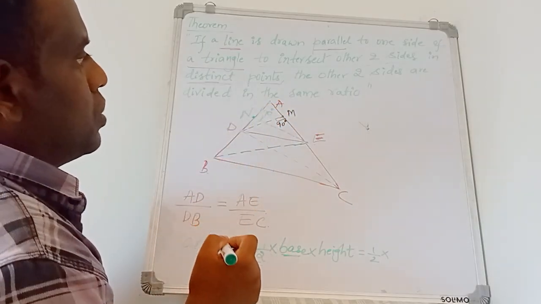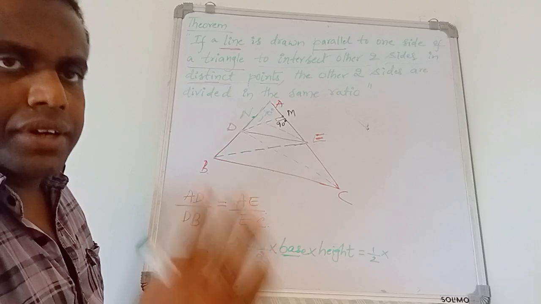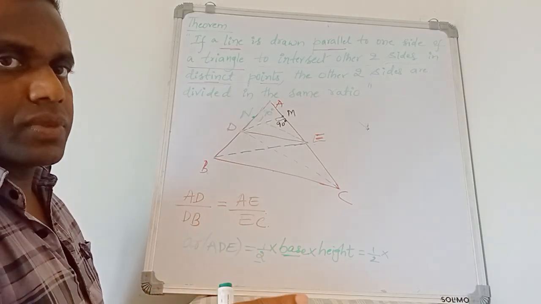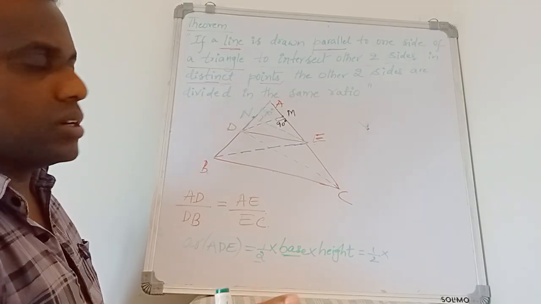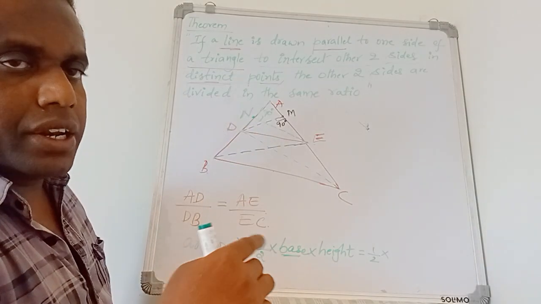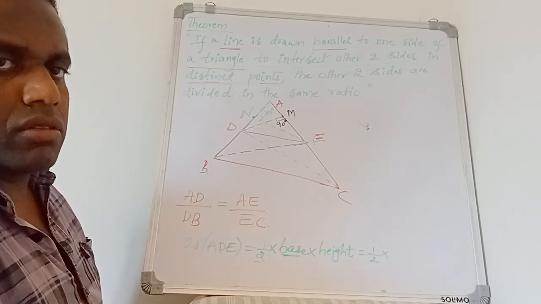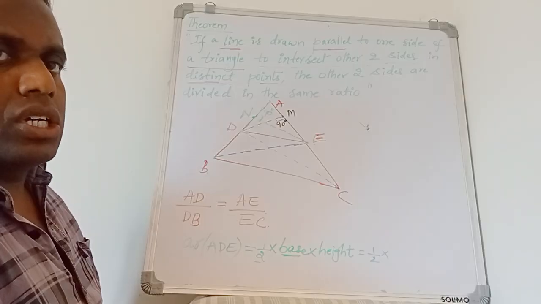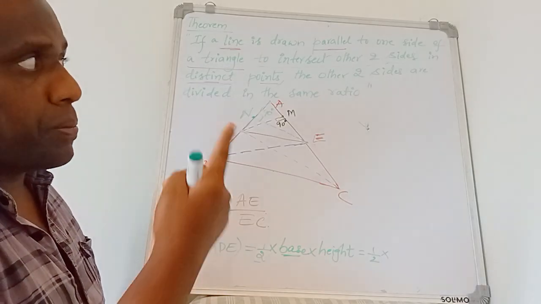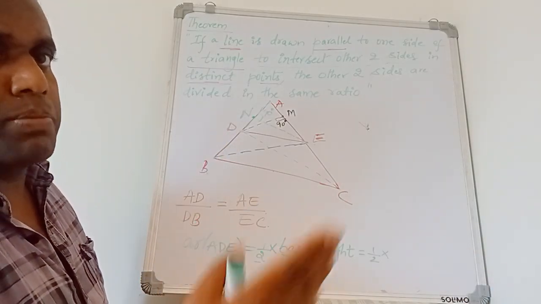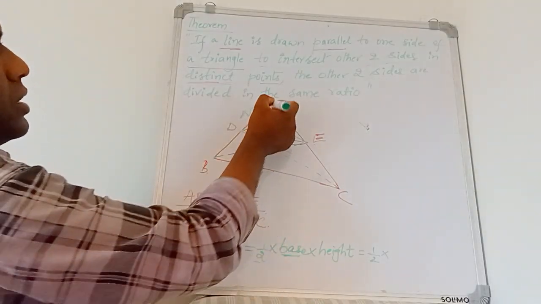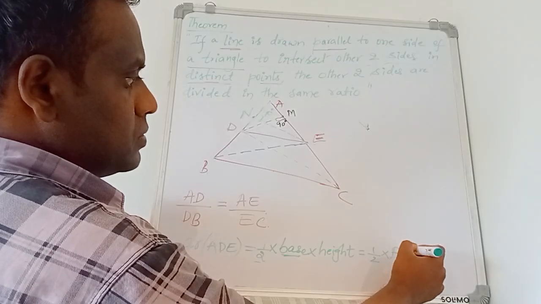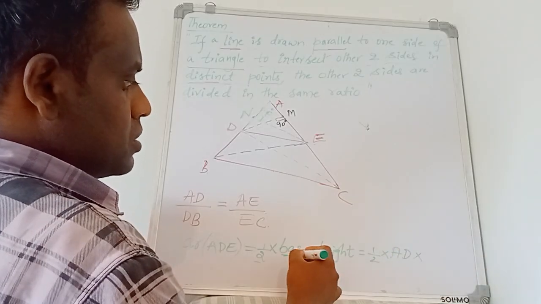See, when it is a right triangle, then the base will be the adjacent side. But when you take any triangle in general, other than a right triangle, based on the situation or the problem, you can take any side as the base. So here I will take this AD as the base. AD into base is done.